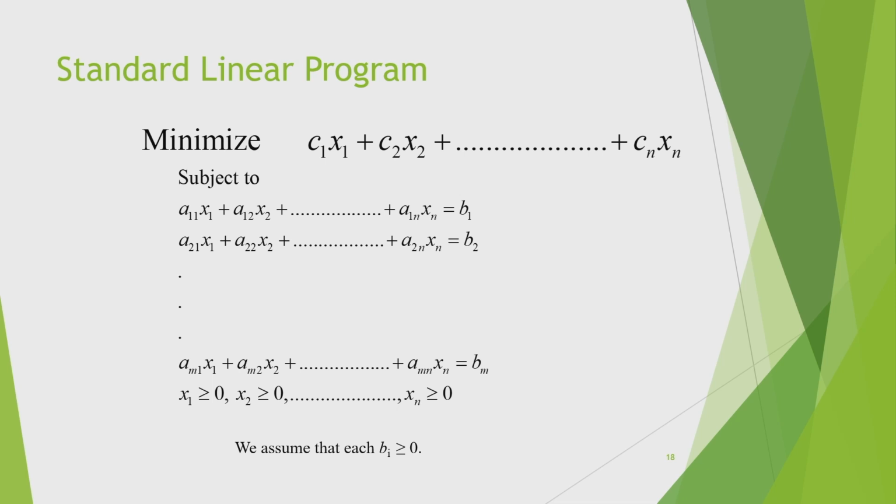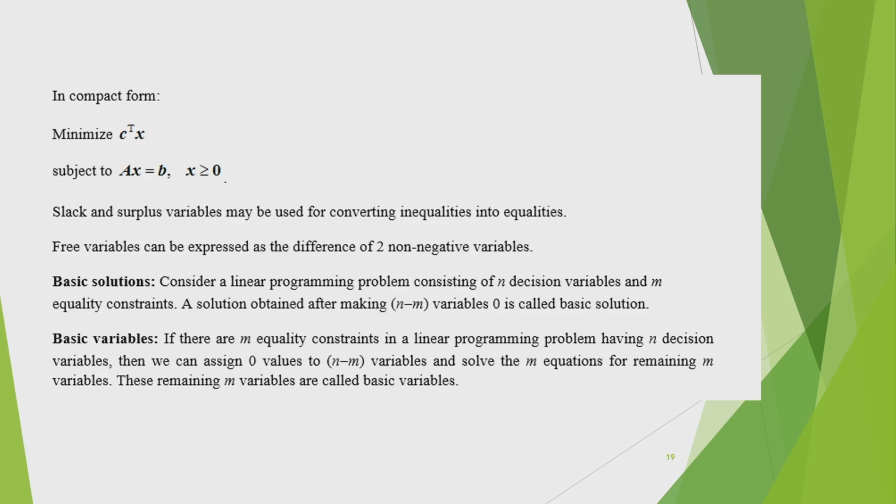Those are called slack or surplus variables, which we will be discussing. So basically in the compact form, minimize c^T x subject to Ax = b, x greater than or equal to 0, and we can use slack or surplus variables for converting inequalities into equalities.